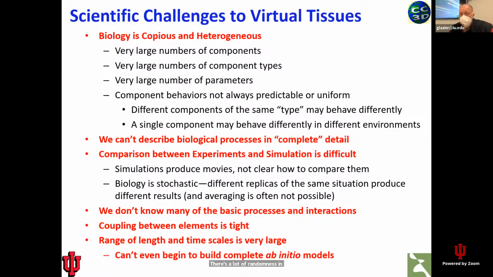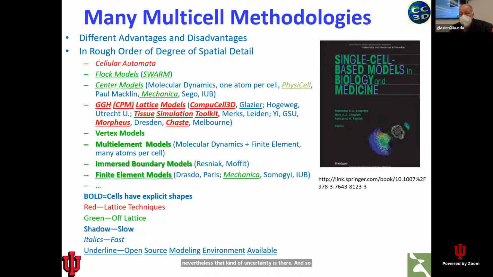And so that means that even if I start with a simulation and an experiment with identical initial conditions, and even if the simulation were perfect, I would not expect that every cell in the simulation would track every cell in the experiment. That's not realistic to do. It's not like quantum mechanical uncertainty, but nevertheless, that kind of uncertainty is there. And so there are a lot of issues that we have to address.